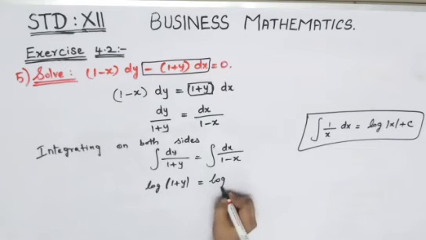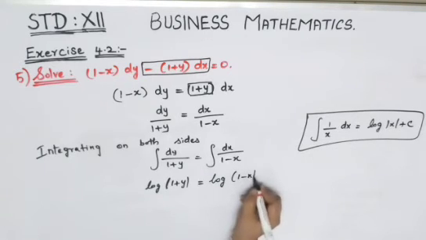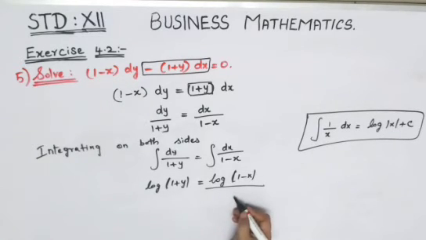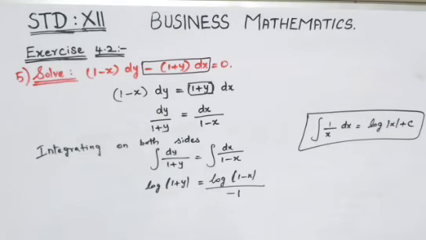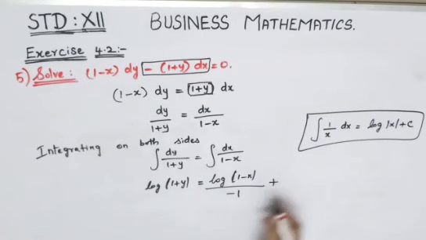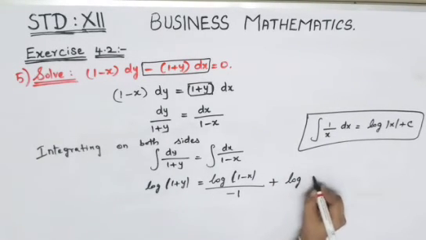So log of 1 minus x will be there, but here minus x is there. So the differential of minus x you will have to write in the denominator. Then only your integral will be completed. Minus x means you will have to write the coefficient of x. What is your coefficient of x? It is minus 1 here. So bring that minus 1 down so that your integral will be done. Plus, both the terms are there in log, so you can introduce your log c.